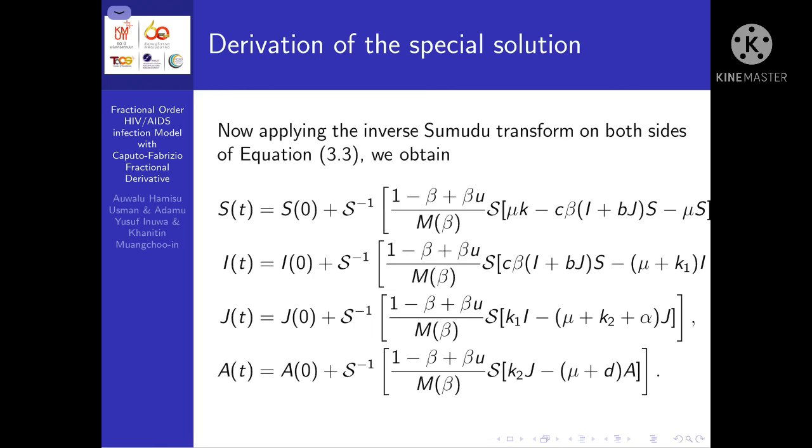Next, we apply the inverse Sumudu transform on both sides of equation 3. We will get this equation: S of t equals S0 plus the inverse Sumudu transform, and the parameters S, I, J, and A are defined like this.